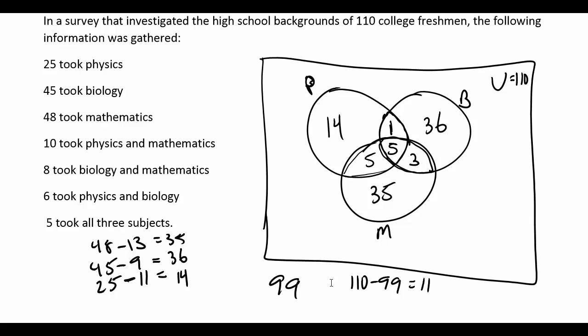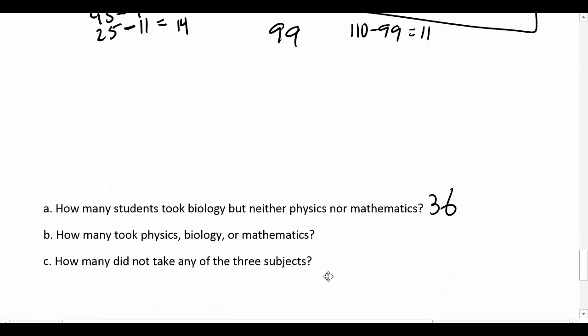Okay, let's take a look at the last question. We had 99 take physics, biology, or math. How many didn't take any of the 3? That'd be the 11. So we actually answered both questions there.